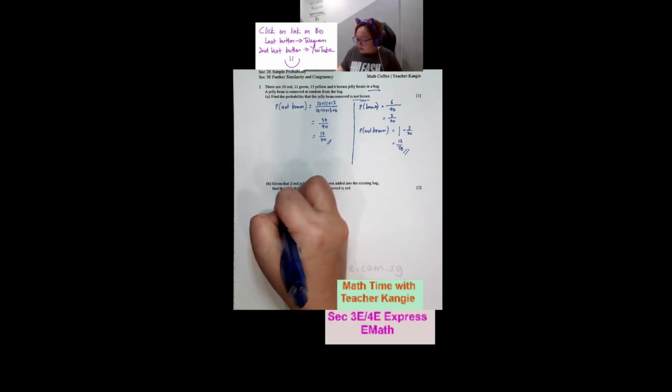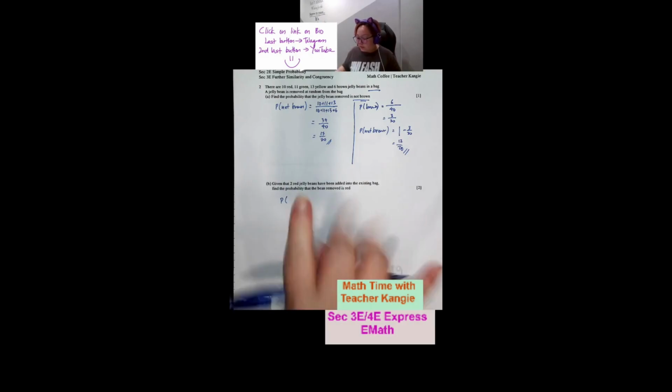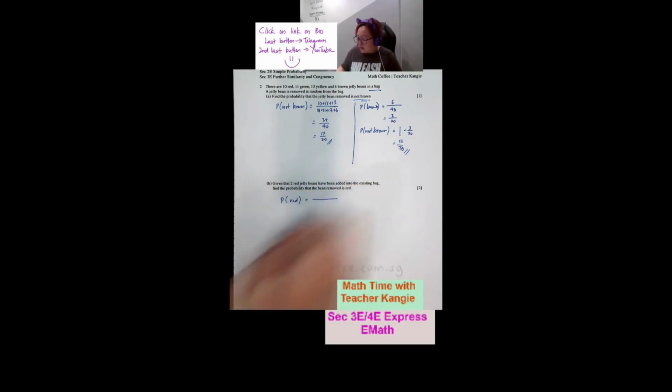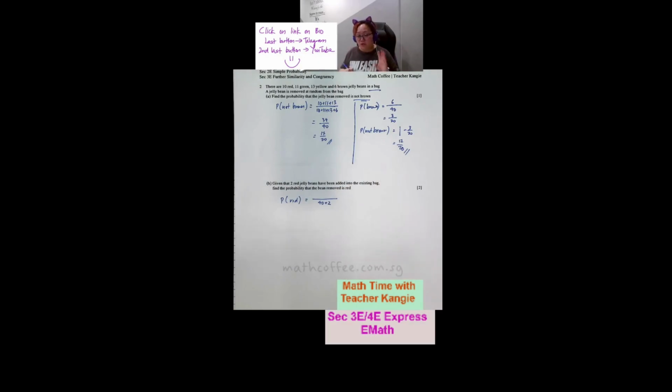Okay, so now let's move on to part B. Now they say that given that 2 red jelly beans have been added, find the probability that the bean removed is red. So they added 2 red beans. So probability again, and this one no need to let X because they already mentioned 2 red. So probability of picking a red: my total initially has 40, but because I added the 2 red, my new total now is 40 plus 2.